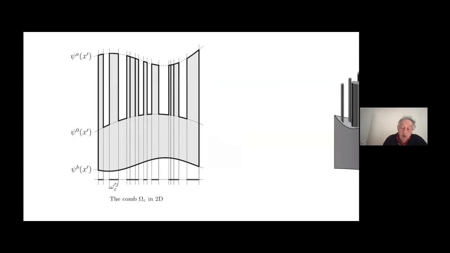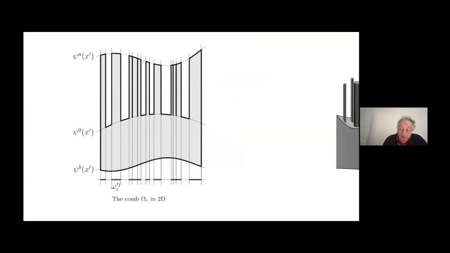The teeth are disjoint, but you can see that, for example, here in this area, we have 3 different teeth, and they are disjoint but adjacent in the sense that they share the same vertical boundaries.